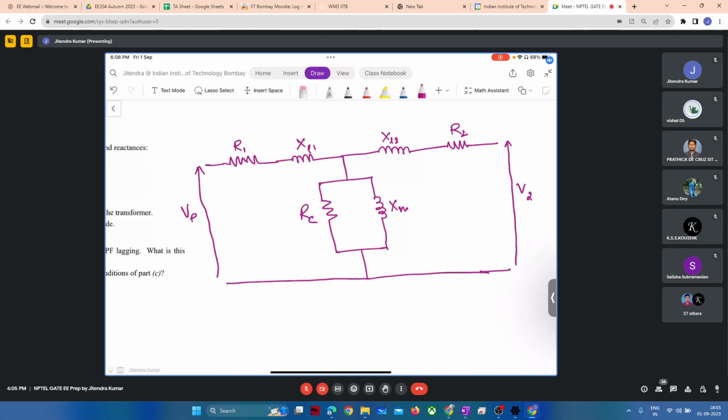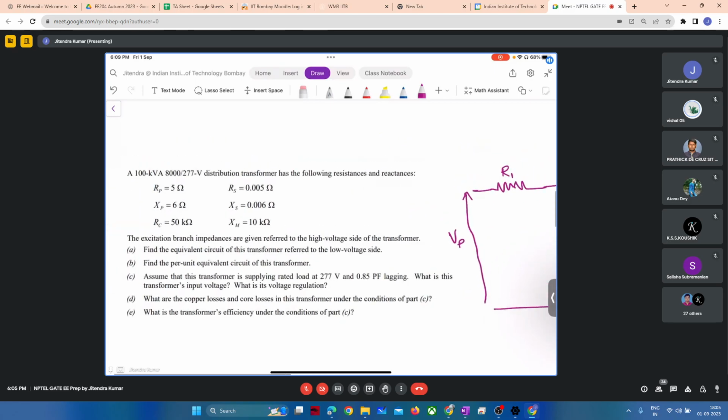Now we have to find all the parameters, and after finding all the parameters, we will be able to say these are the values of all those parameters, and then our equivalent circuit will be completed. We have to refer to the LV side, the low voltage side. The rating is 8000 by 277 volt, so 277 volt is on the secondary side, which is the LV side.